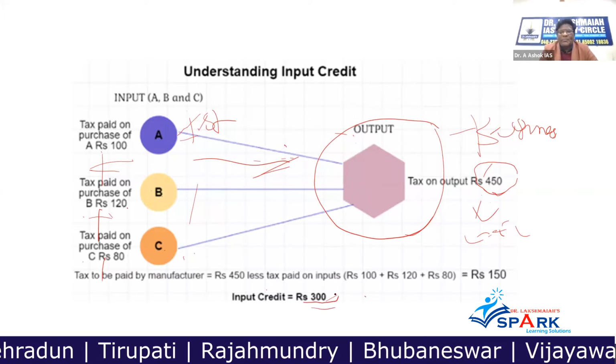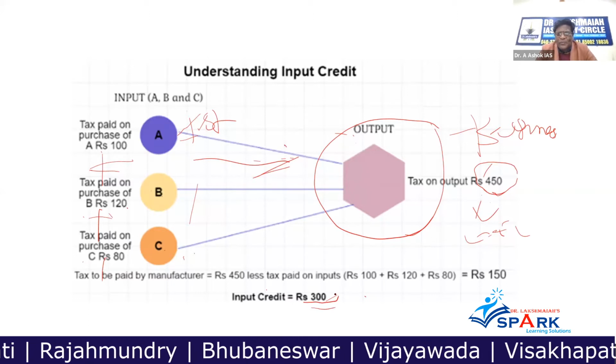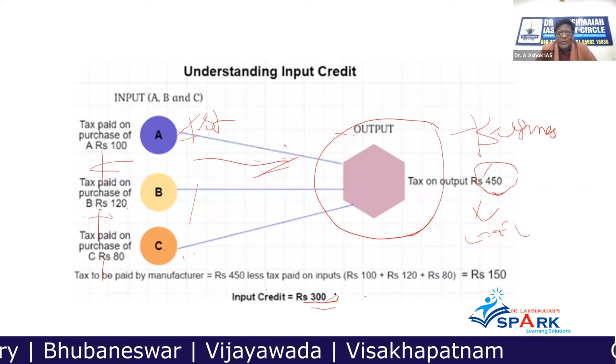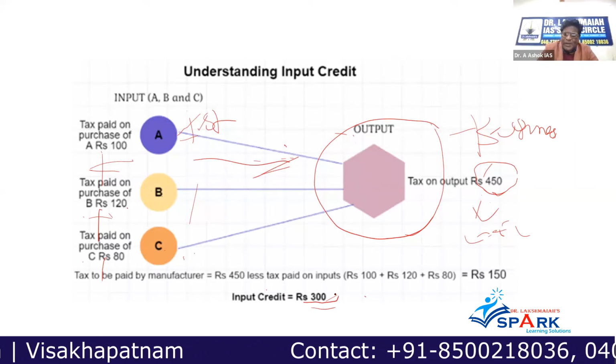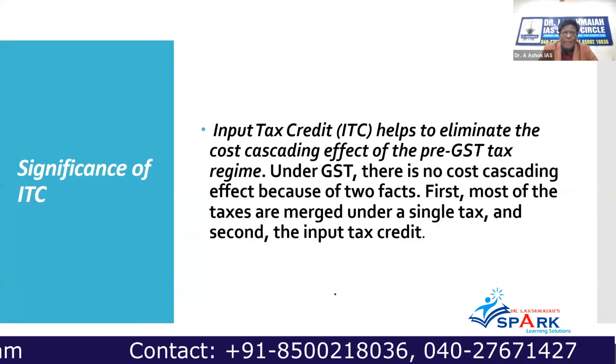This is the benefit that he gets. So 450 minus 300 leaves the balance to pay, and input credit of 300 is calculated.